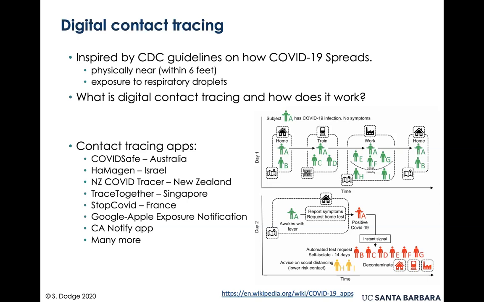The reason was that manual contact tracing, by calling people and asking about their path, was not working as well, and people sometimes weren't willing to share information.